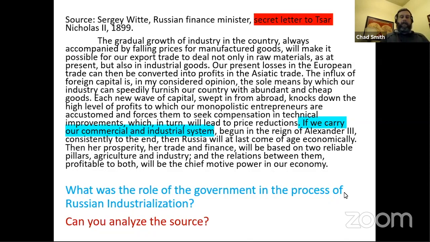And possibly he overemphasizes the benefits of things like trading with Asia. Especially he potentially overemphasizes, in the very last sentence, the results of continuing the government-run system. He says, "Then her prosperity, her trade and finance will be based on two reliable pillars, and the relations between them profitable to both." He may be over-exaggerating the results of continuing such a system.